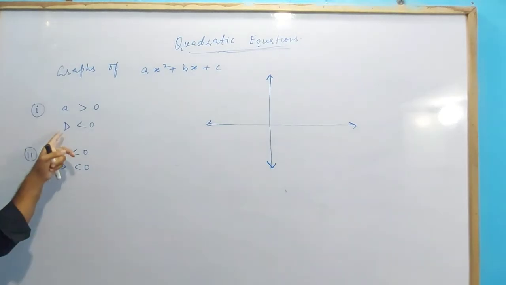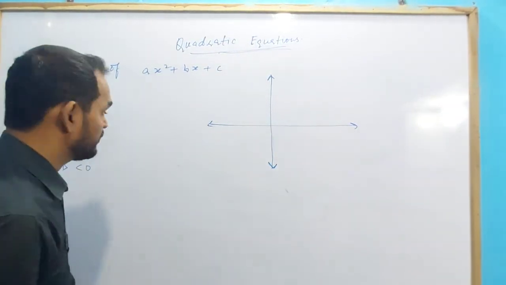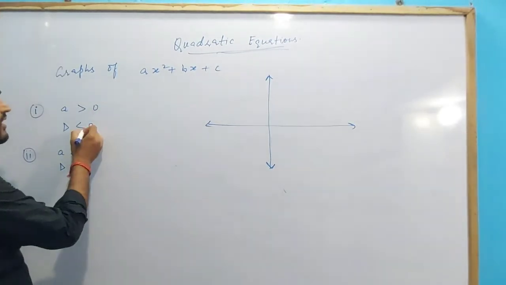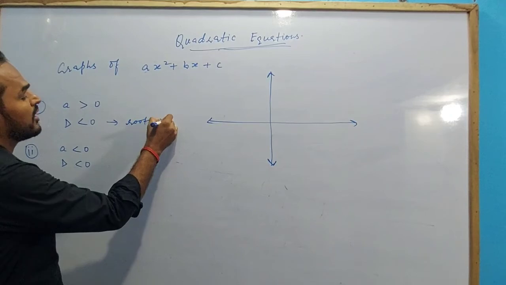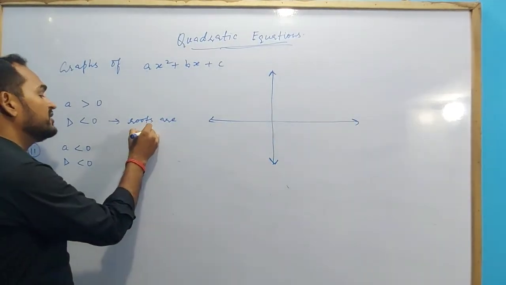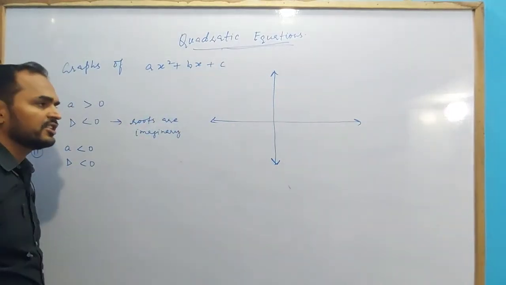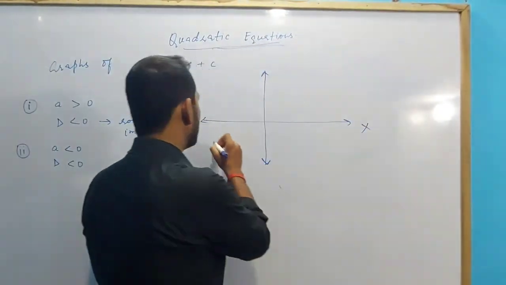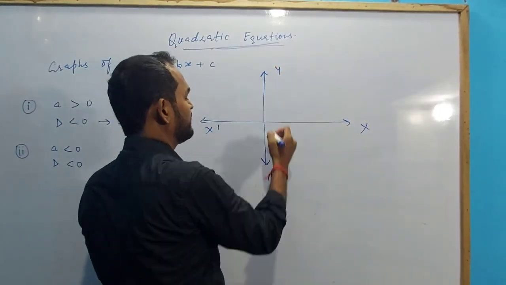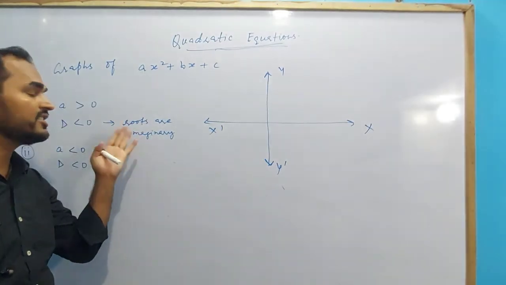But d is less than 0, and I have just taught you that when d is less than 0, roots are imaginary. It means you cannot find any point on the x-axis to represent the imaginary roots. Got it? You cannot find any point on the x-axis because it's not real, it's imaginary.